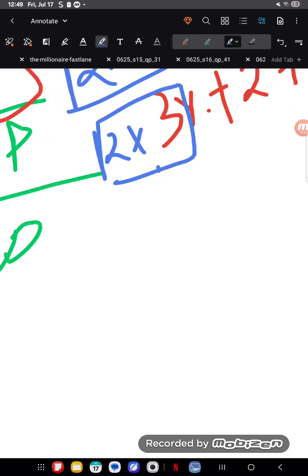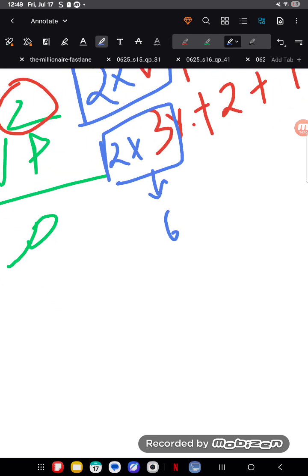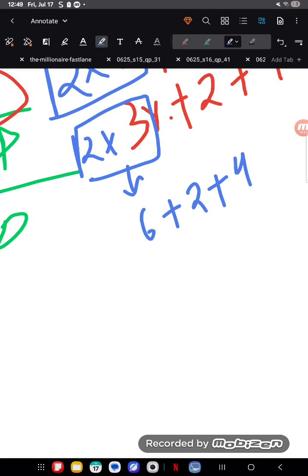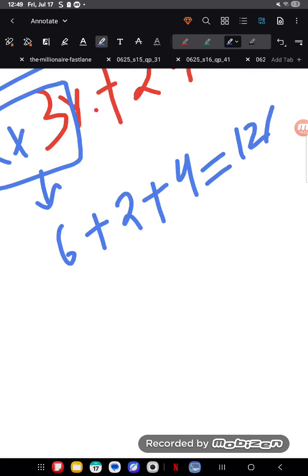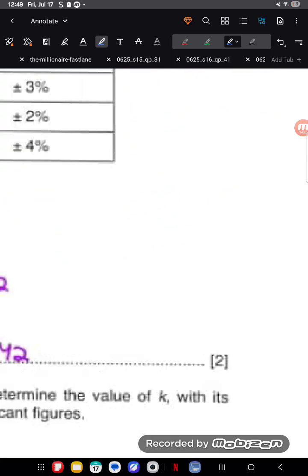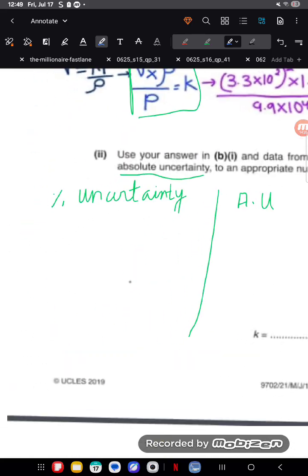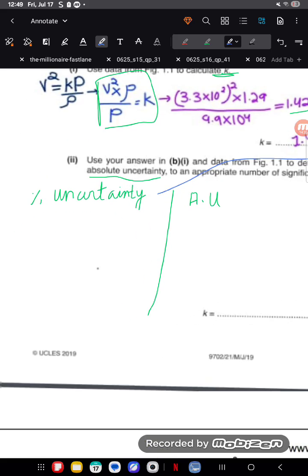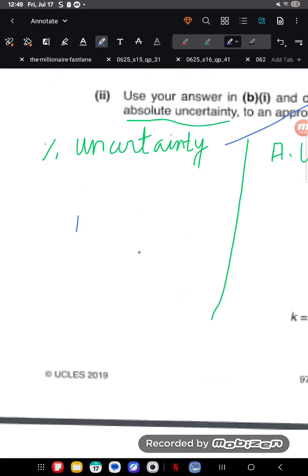So after multiplying this will be 6, this will be 2, and this will be 4, right? So 6, 7, 8, 9, 10, 11, 12, so you got a total of 12%. Okay, and here this one I solved here. Don't get confused, this and also.